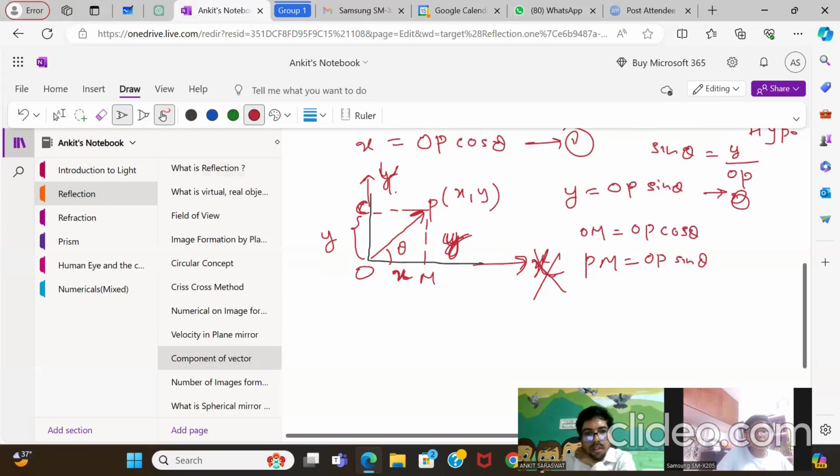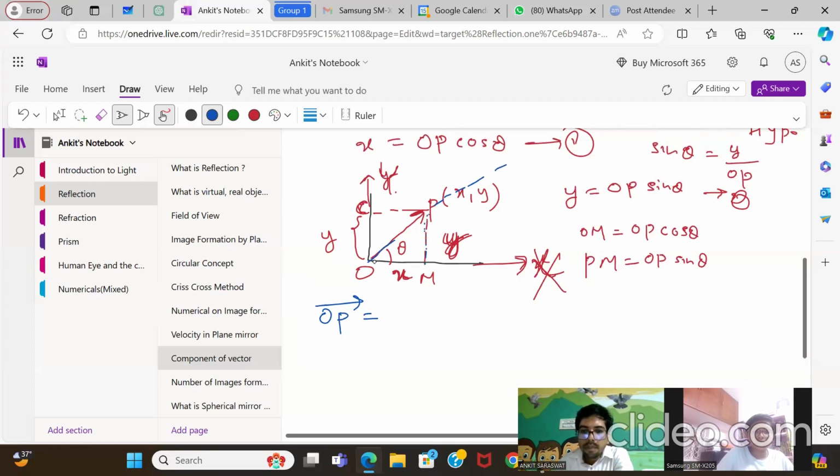Now tell me, I want to write the position vector OP. Then in vector form, this position vector is made up of what? See, if this OP is going in this direction, its projection on the x-axis is what?